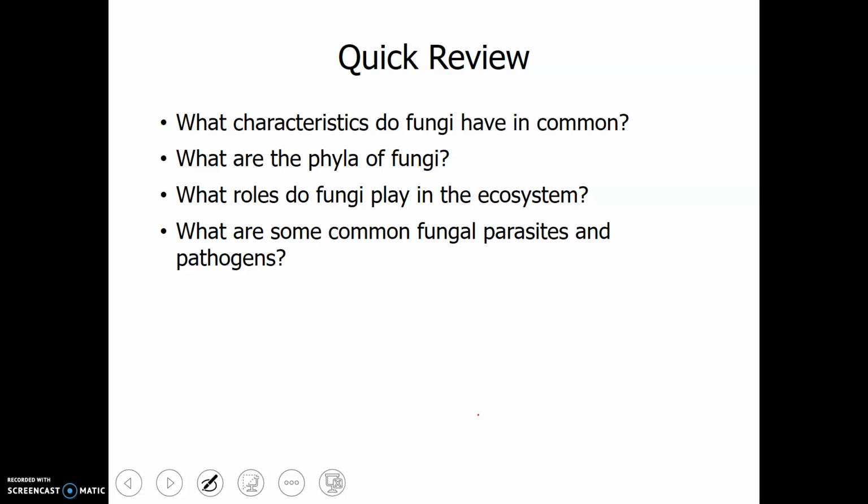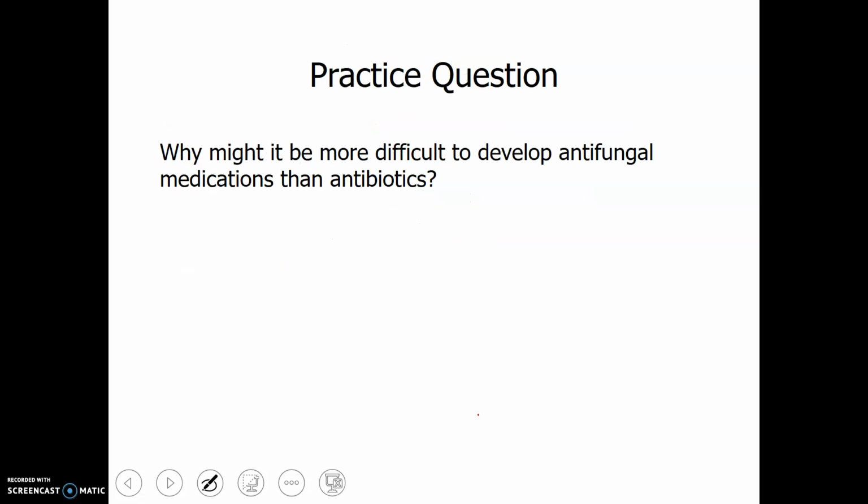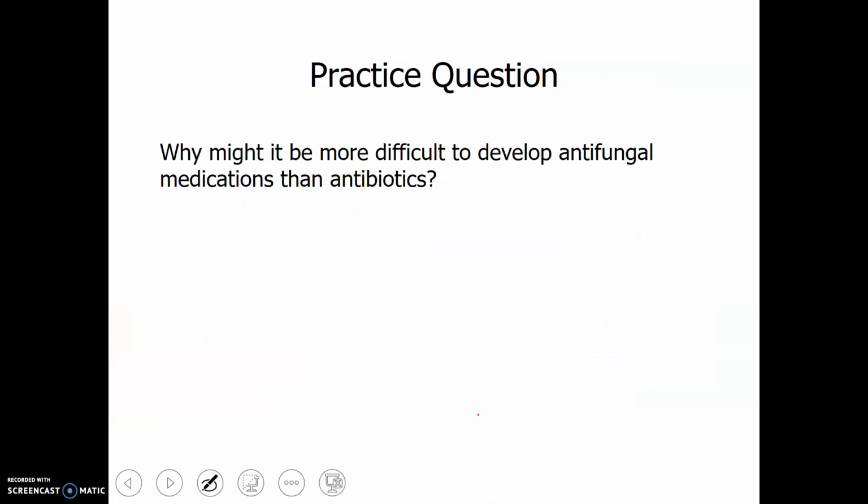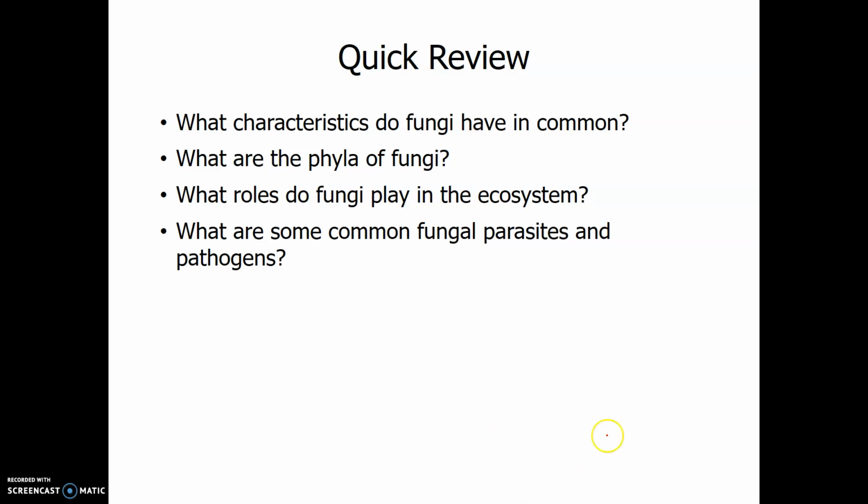Some common fungal parasites and pathogens. The yeast infection that we talked about, which can be thrush or a regular yeast infection. And then there were three diseases that we discussed. They can cause ringworm, they can cause scalp infections, and there's a fungal infection that causes symptoms like the flu.